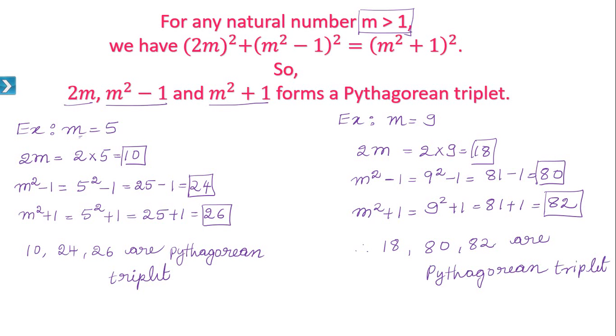So, by using the formula 2m, m square minus 1 and m square plus 1, we get a Pythagorean triplet for any natural number m greater than 1.